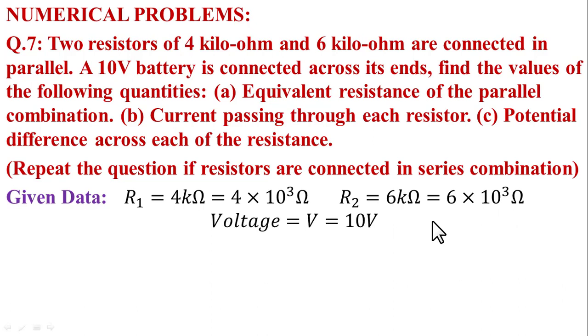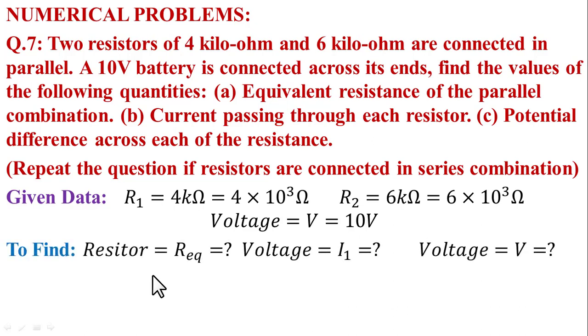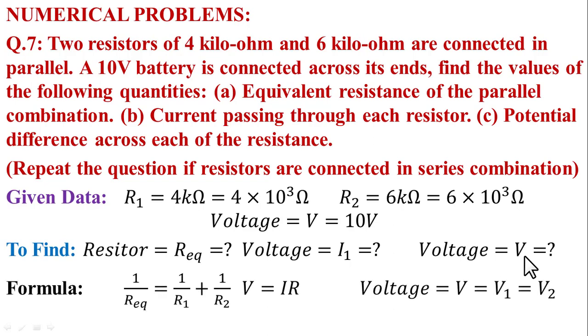Now if the voltage is 10 volt, we can calculate R equivalent, current I1 and voltage V. According to the statement, we use the formula for resistance of a parallel combination: 1 upon R equivalent is equal to 1 upon R1 plus 1 upon R2, and voltage V is equal to IR according to Ohm's law, and in a parallel combination V is equal to V1 is equal to V2.